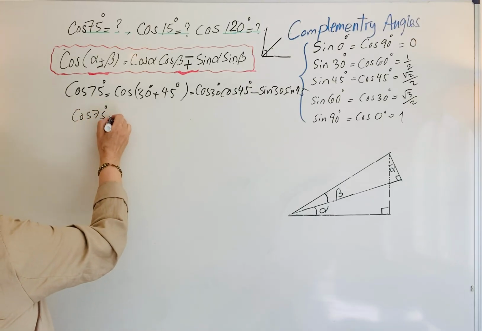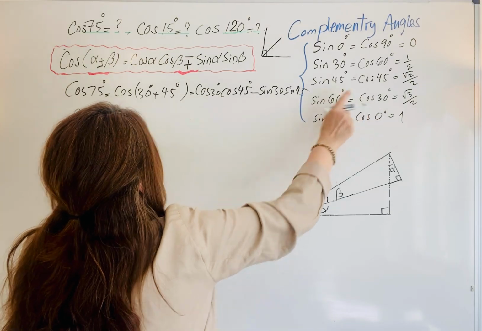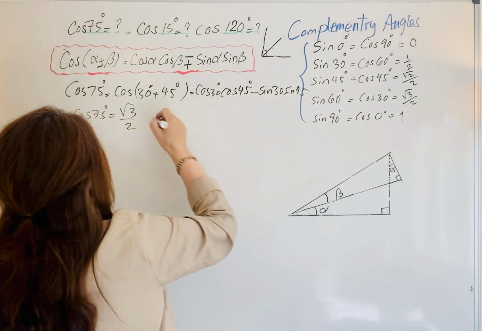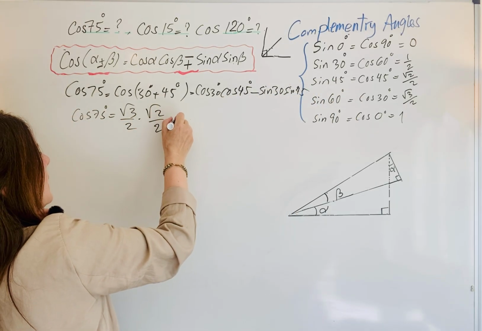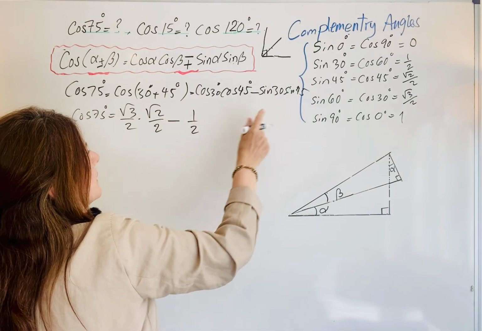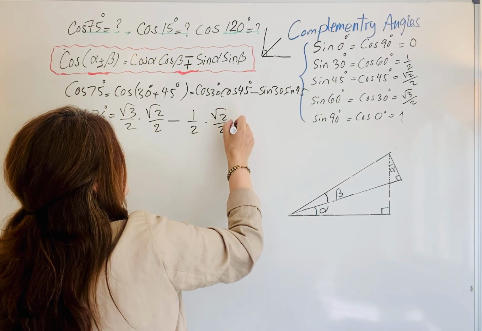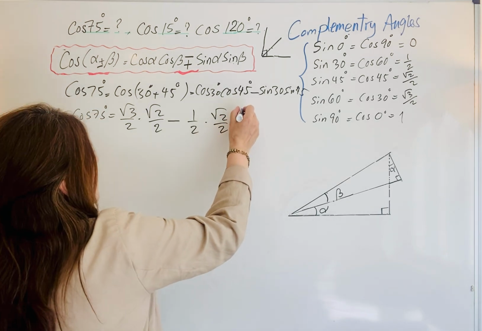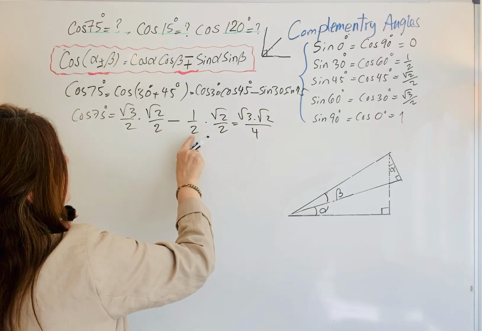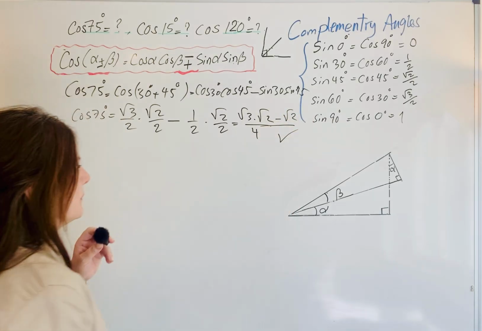Cosine of 75 equals cosine of 30, which is root 3 over 2, times cosine of 45, root 2 over 2, minus sine of 30, which is half, times sine of 45, which is root 2 over 2. Simplify: root 3 times root 2 over 4. We have the same denominator, minus root 2 over 4. This is the final answer.